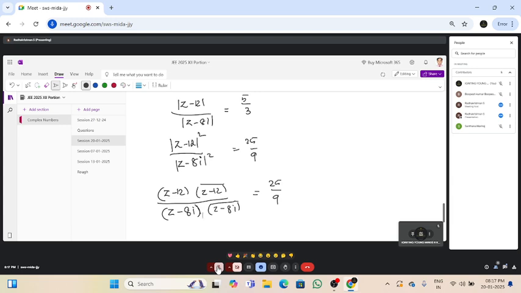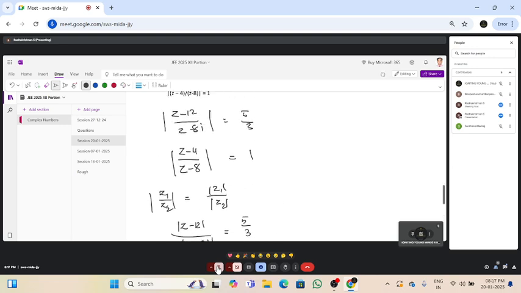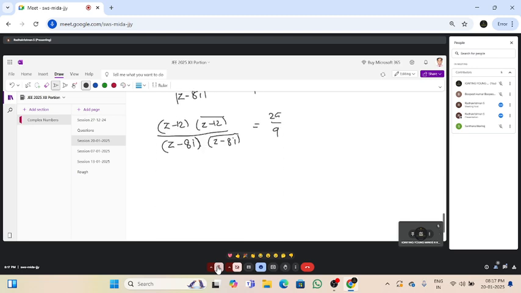So what is mod of Z minus 12? Because this is a real number, there is no complex number. So it is the conjugate of Z minus 12.